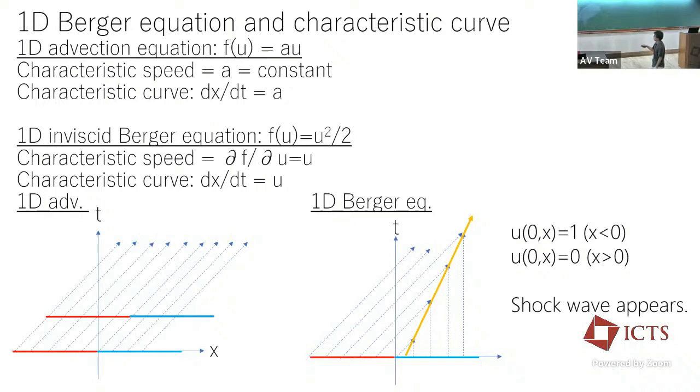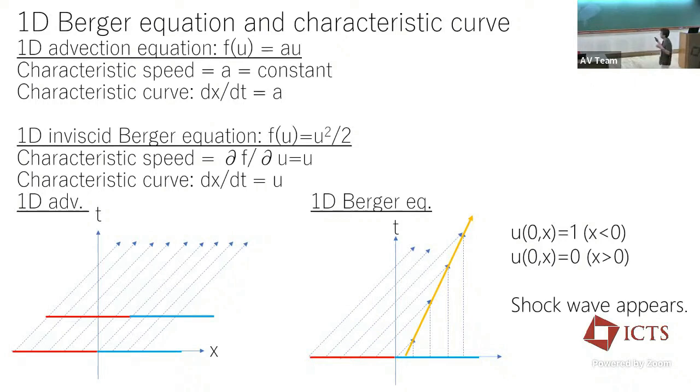Because the characteristic speed is proportional to u, in the negative region the characteristic speed is something like this. But in the positive region, u is 0, which means that the characteristic speed is 0, which means that the characteristic curve is something like this, right? This is a t-x plane.